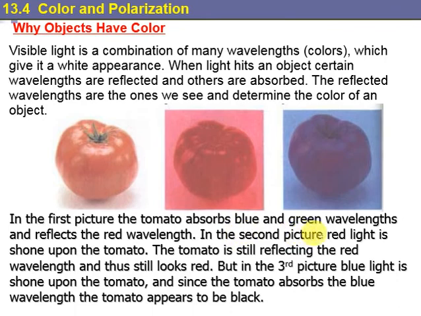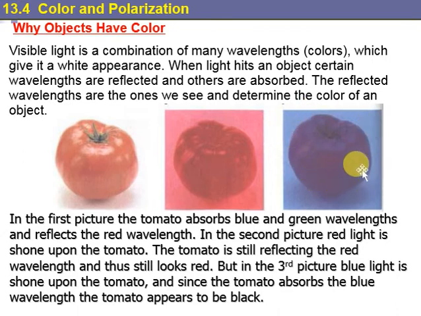In the second picture the red light is shown upon the tomato, so the tomato is still reflecting the red light and thus it still looks red. But look at the third picture. Only blue light is shown upon the tomato.